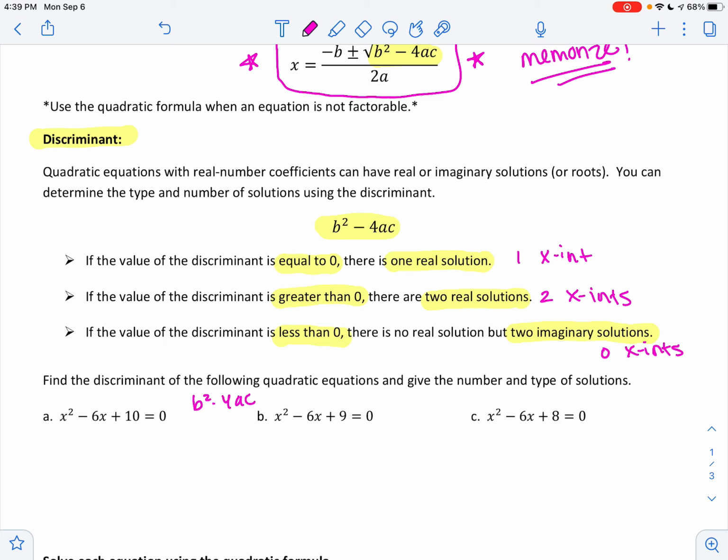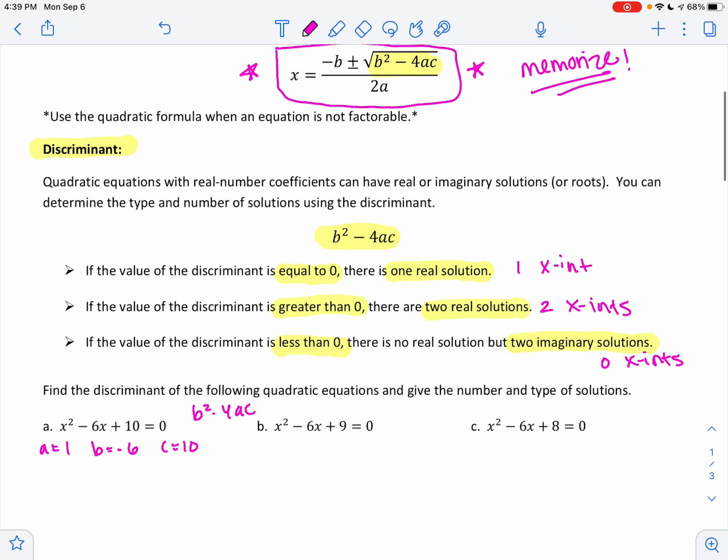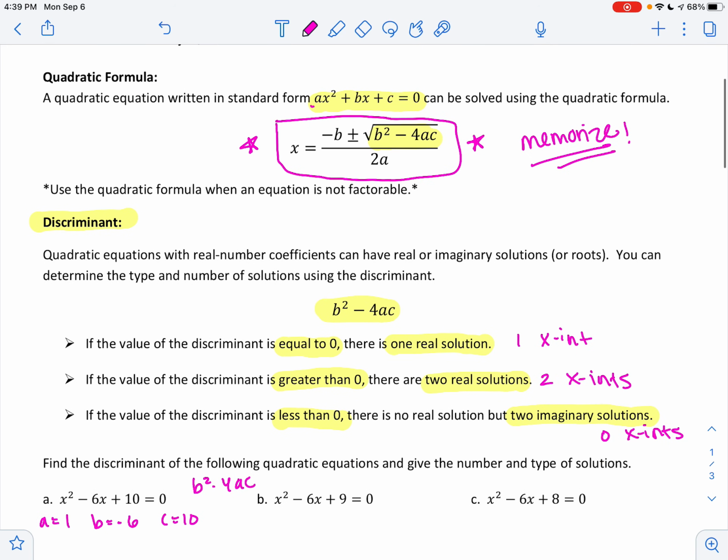Equation A is currently in standard form. In this problem, a is 1, b is negative 6, and c is 10. Remember, I'm just getting a, b, and c from the standard form of a problem. A is the coefficient of x squared, b is the coefficient of x, and c is your constant.